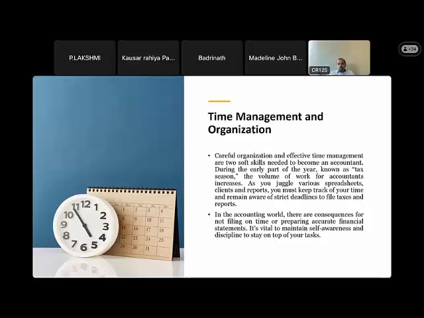Like I mentioned, penalties, fines, suspicion from departments, all sort of things we get, and it's vital to maintain self-awareness and discipline to stay on top of it. Right? So this is one of the soft skills you need to develop, that is your time management and organization.